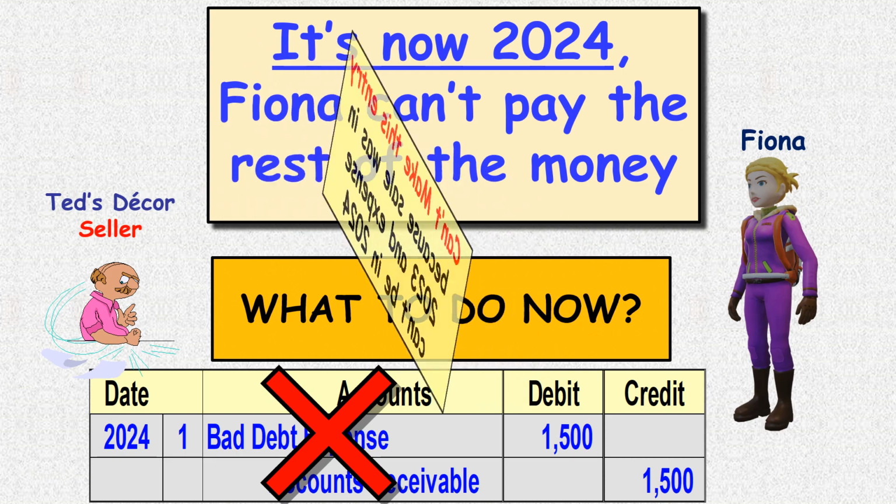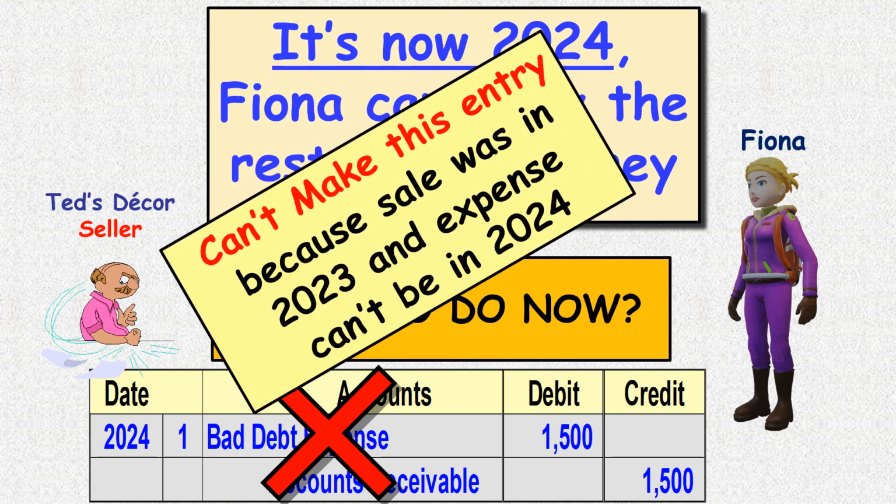The reason is because the sale to Fiona was made in 2023, and we found out that she cannot pay us the money in 2024. So the expense of that sale cannot be in 2024. The sale was in 2023, and the expense of that sale cannot be recorded in 2024.